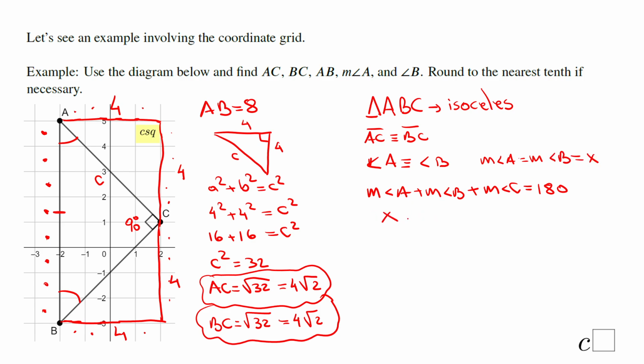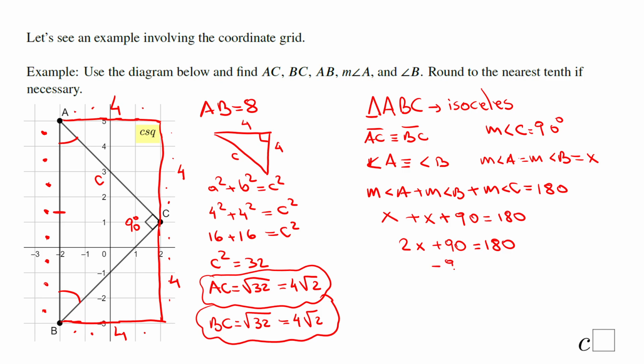Now we have x plus x, and angle C, let me write that here, is 90 degrees. Why? Because you see that box there. Plus 90 equals 180. So we have 2x plus 90 equals 180.